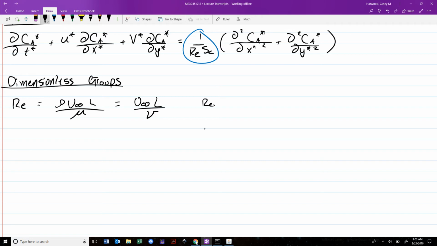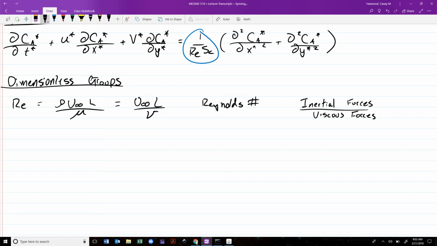So this is the Reynolds number, and its interpretation is the ratio of inertial forces to viscous forces. A really high Reynolds number means that inertial forces, those coming from changes in velocity, are much, much more important than forces due to viscosity.